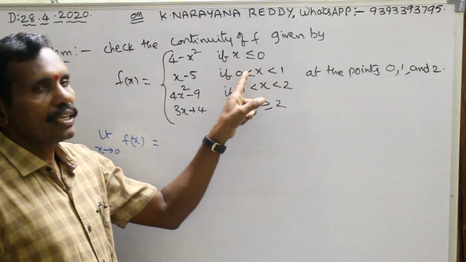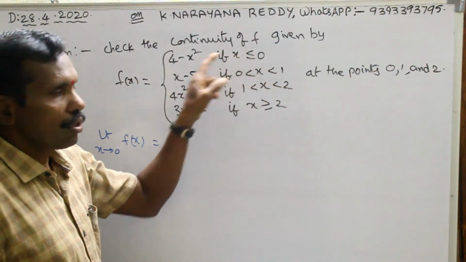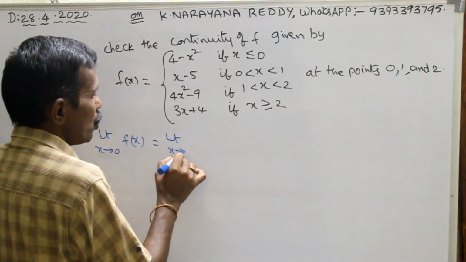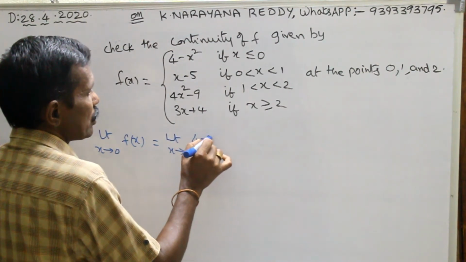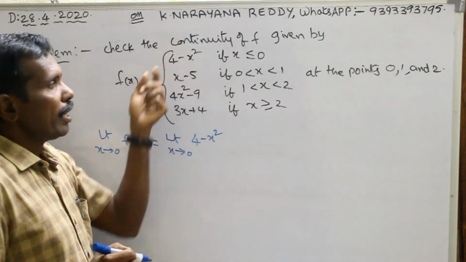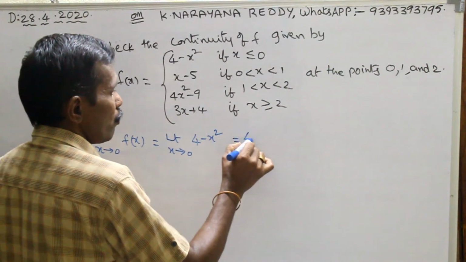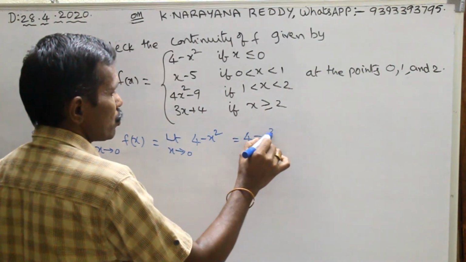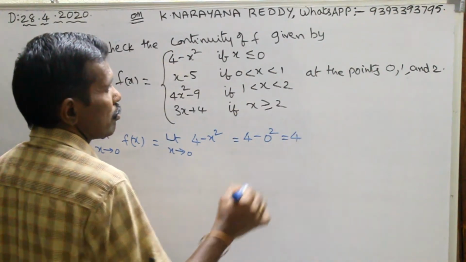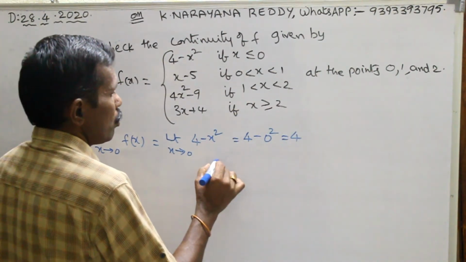So we want to take this one. That means limit x tends to 0 of 4 minus x square. This function I want to take. That means 4 minus 0 square equals 4.